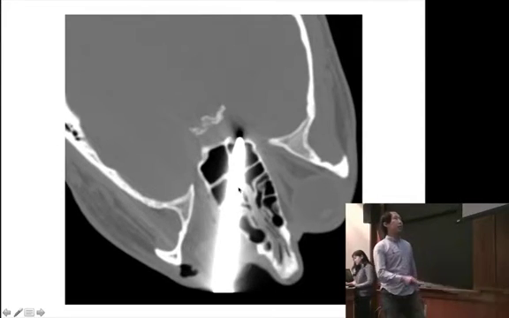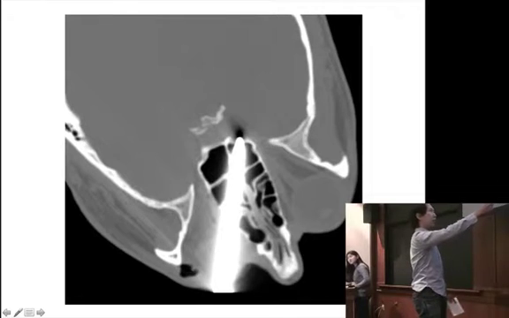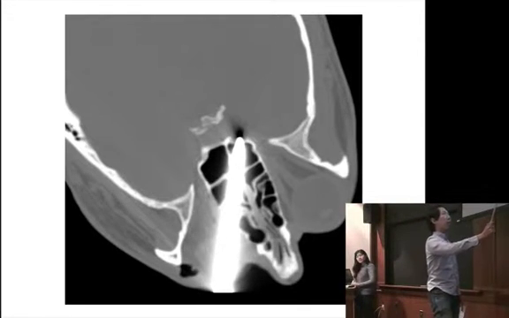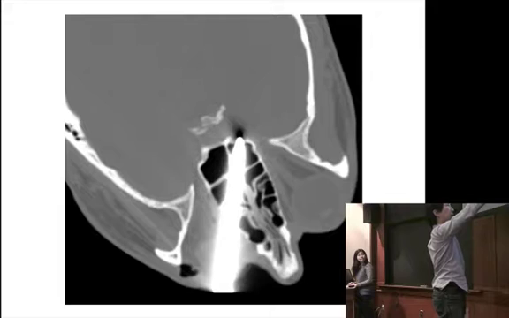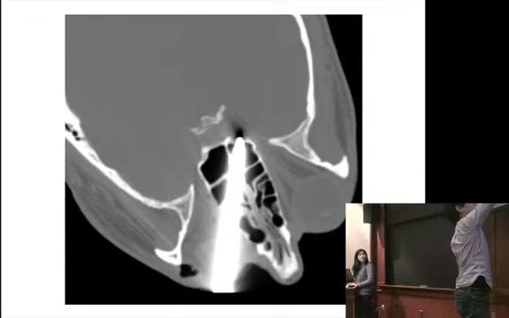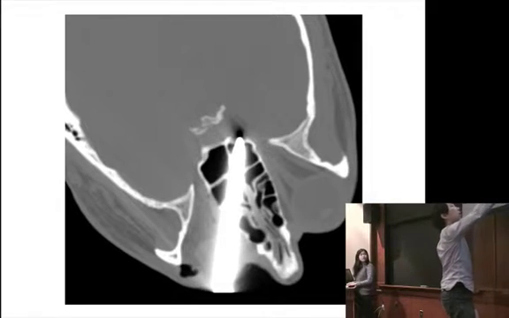So you can see the nail enters from the right orbit and penetrates the ethmoid air cell and the sphenoid sinus and terminates near the optic nerve and carotid sinus.